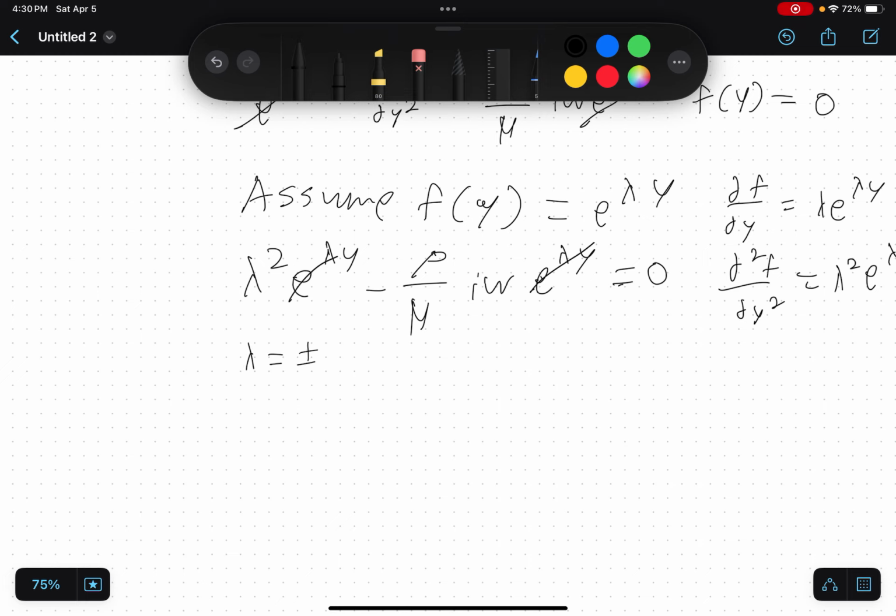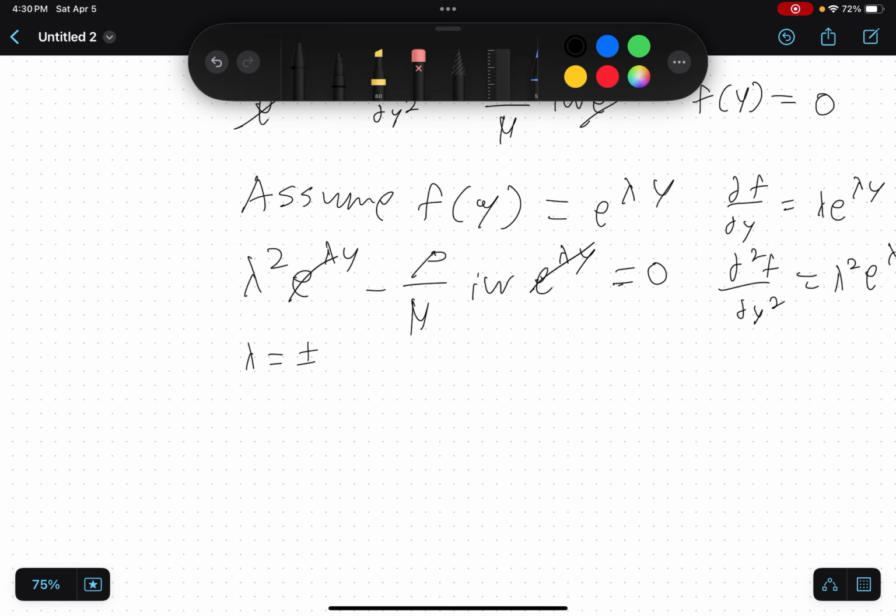You get lambda equals plus minus square root. It would be a plus minus i square root. Would it? No, because this term isn't negative, even though there's an i in it. Interesting.